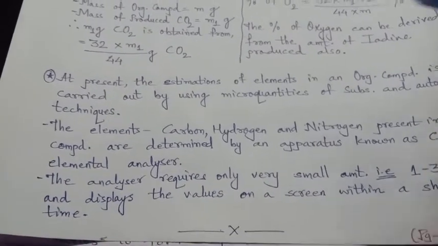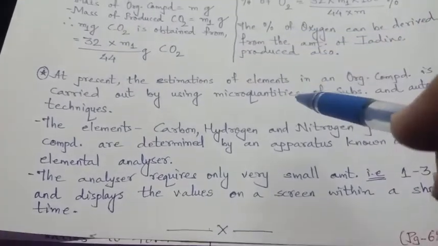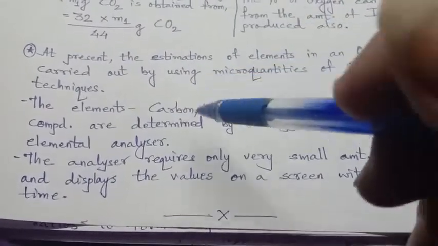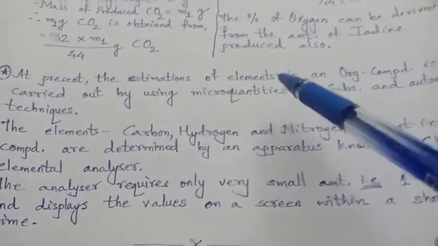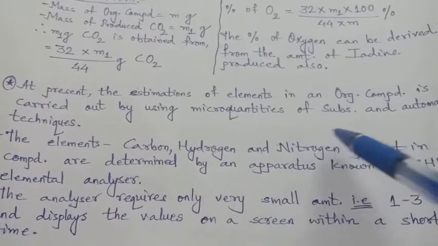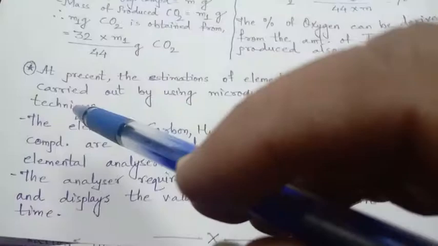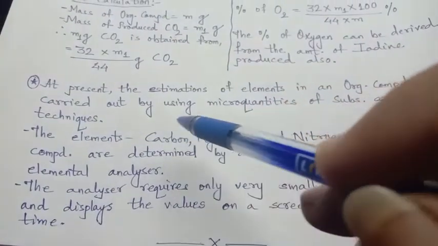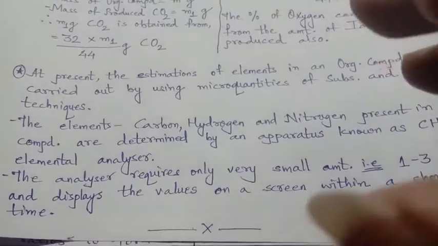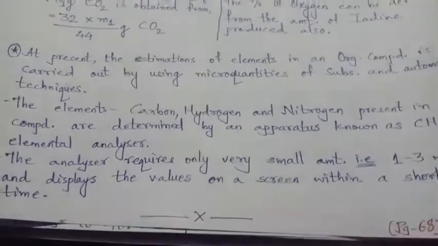And to calculate oxygen, one of the numericals we have already solved. But now see here, at present, in this scenario, the estimation of elements in an organic compound is carried out by using micro quantities of substance and then automatic techniques.